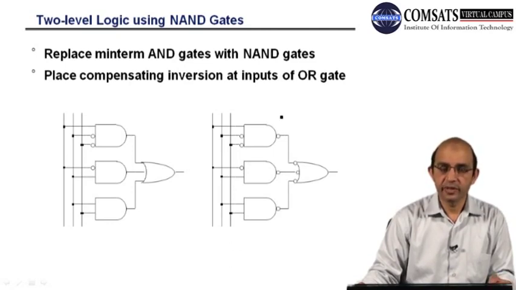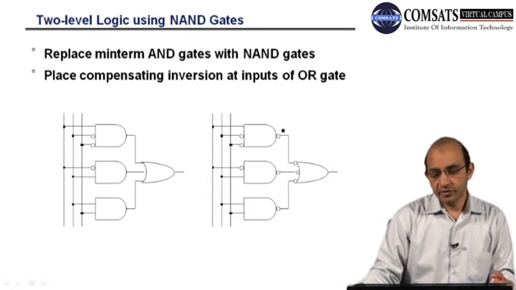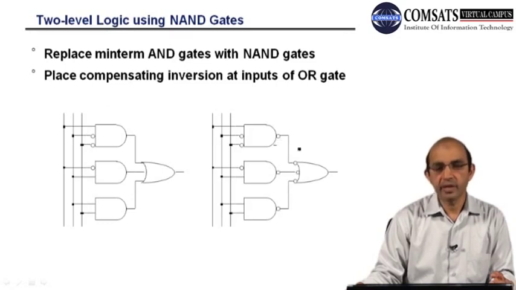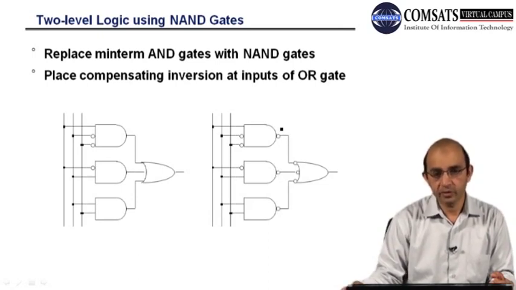You can see that we have placed two bubbles, and naturally they will not have any impact on the circuitry, because they will cancel out according to the Boolean laws. But we will achieve our goal of conversion, that we wish to convert that AND OR logic to NAND-NAND logic. So here we will place two bubbles, they will cancel out, making no difference.